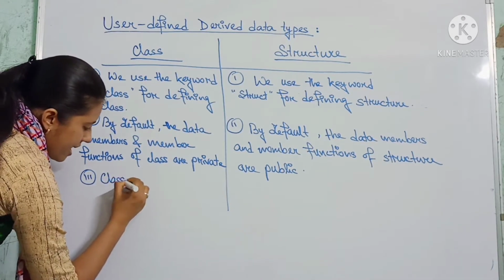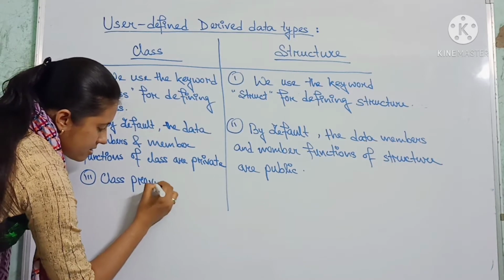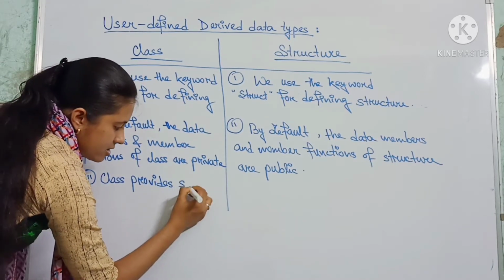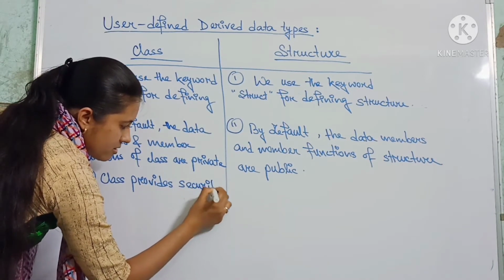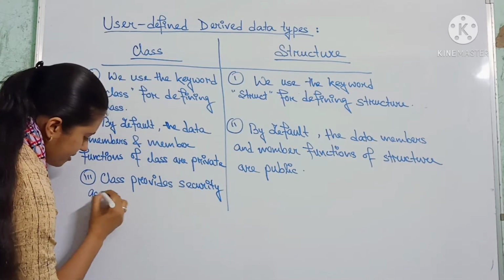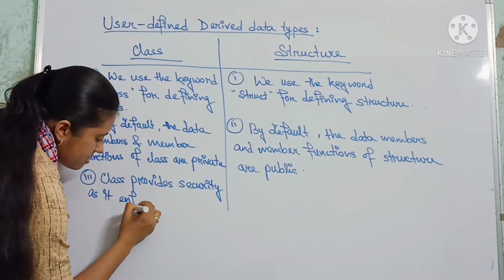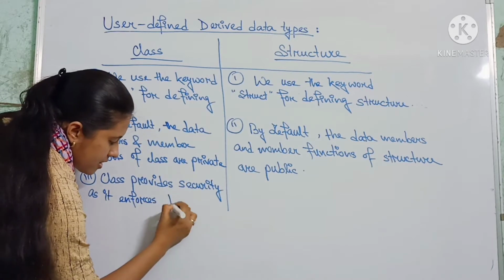Third difference comes from the second difference itself. A class provides security as it enforces data hiding.